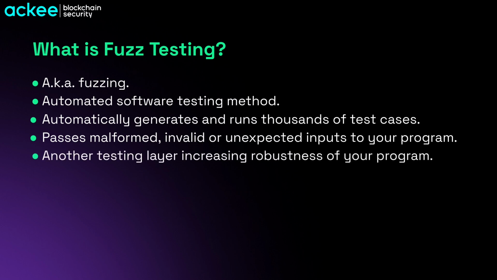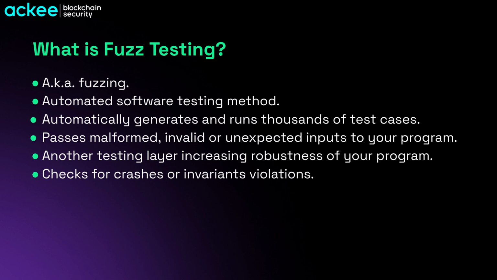Why should you do that? It is another testing layer that increases the robustness of your program, and it gives you another level of confidence that your program works correctly. By fuzzing, you cannot exclude the existence of bugs, but as I said, it gives another layer of confidence.